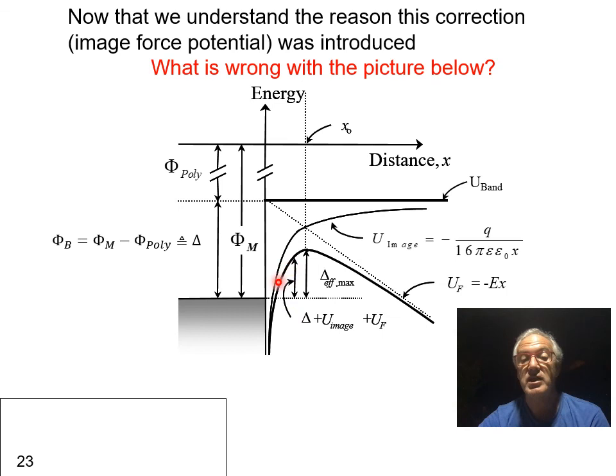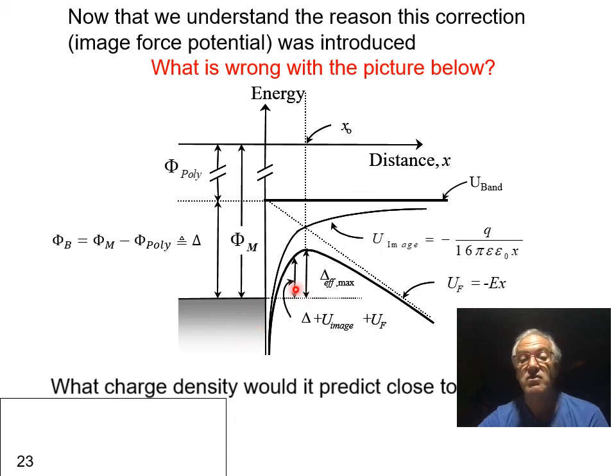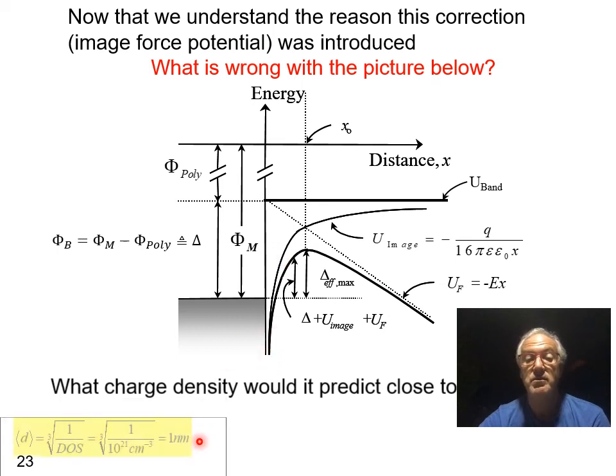And really, if we draw the potential like this, it means that the charge density here close to the contact is going to be extremely high. And if the full density of states here could be 10 to the 21 maybe, then of course this is a range of 1 nanometer.